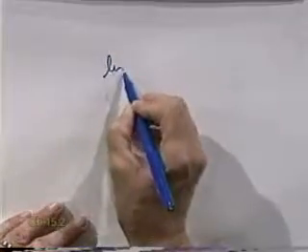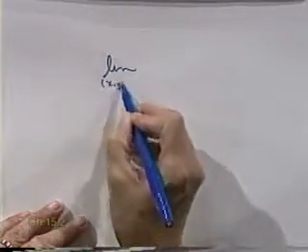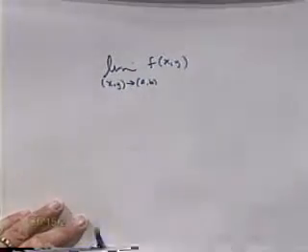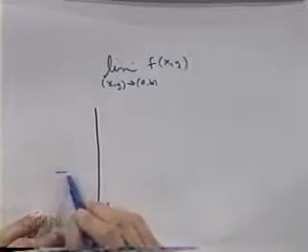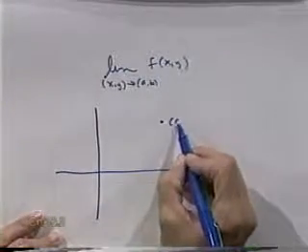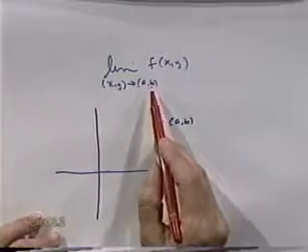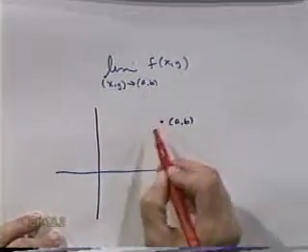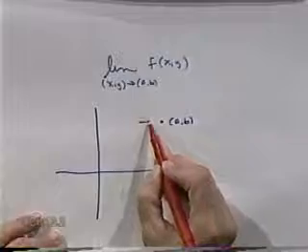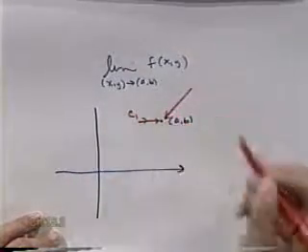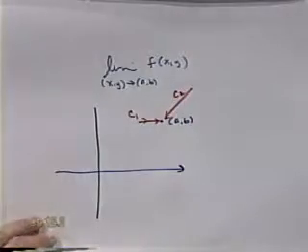So notice, I'm looking at the limit as (x, y) approaches (a, b) of some f(x, y). Maybe this is my y-axis, this is my x-axis, and maybe (a, b) is here. Since we're saying (x, y) is getting closer and closer to (a, b), maybe you take one path coming this way, and we'll call that curve 1, and maybe you're coming towards (a, b) in another path, curve 2.